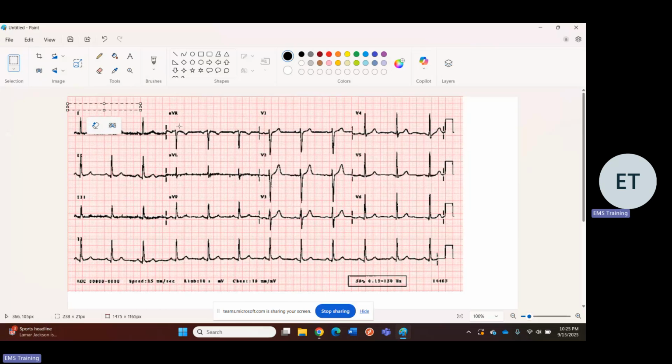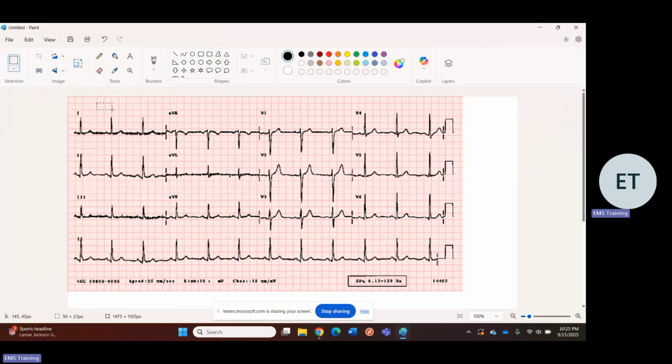One of the ways I like to look at the rate is this: if you had a QRS complex on every single one of these big boxes, that would be 300 beats a minute. So what you should do is take 300 and divide it by the number of big boxes you have, and that's your heart rate. So here's an example. If you had 1 every big box, that'd be 300. 300 divided by 2 is 150.